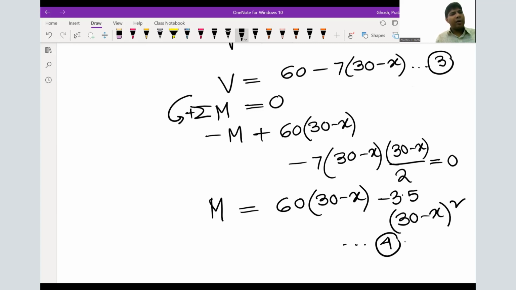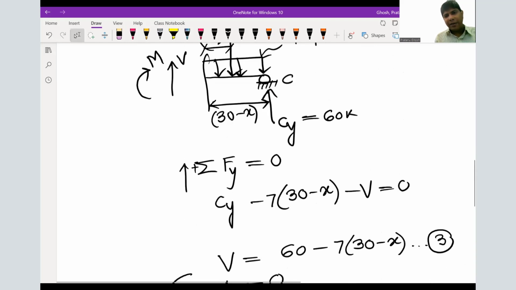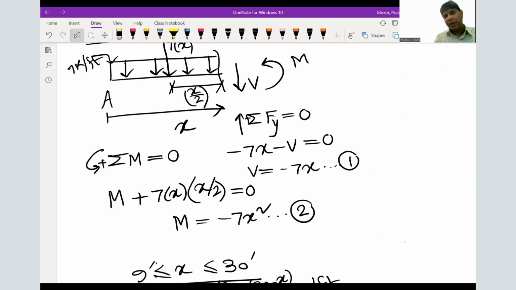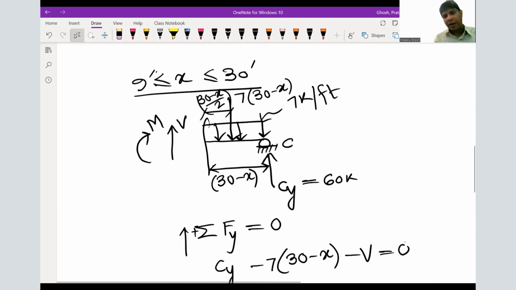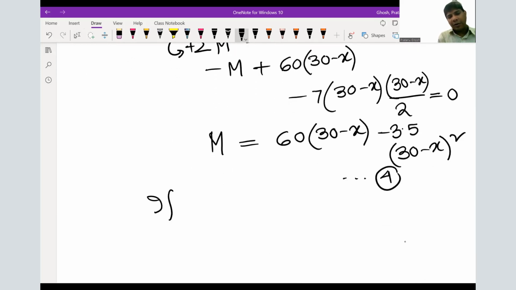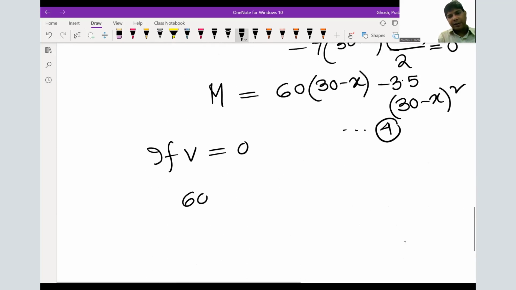So now I need to think about where is the zero shear point. So if you see here, in the first segment, when x equal to 0, V is 0. There are no in between points where zero shear can happen, but it could happen in the next segment. So if we put V equal to 0, 60 minus 7 times 30 minus x is going to be 0.